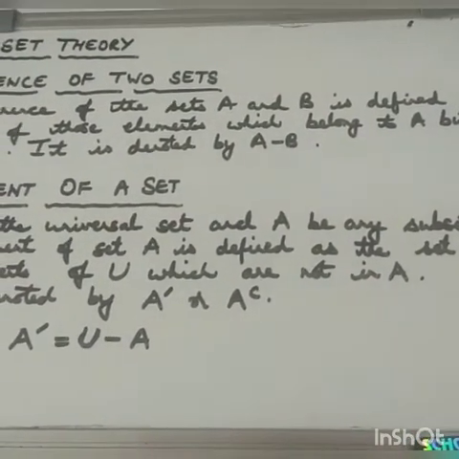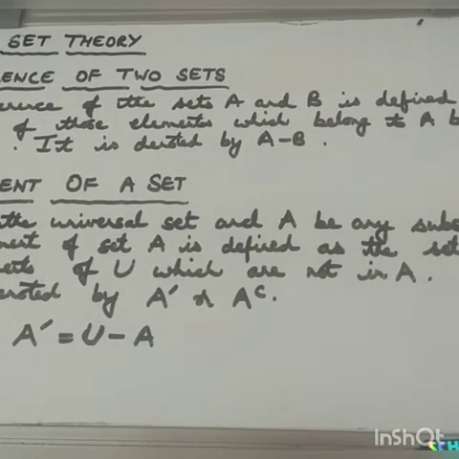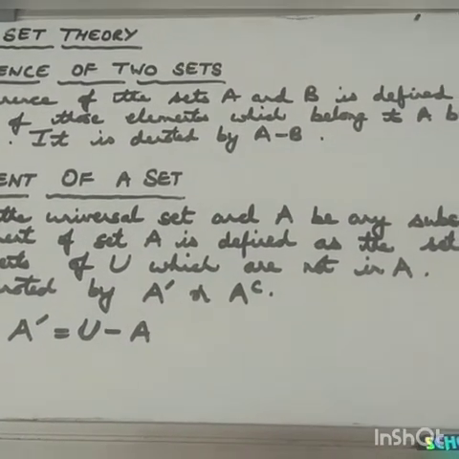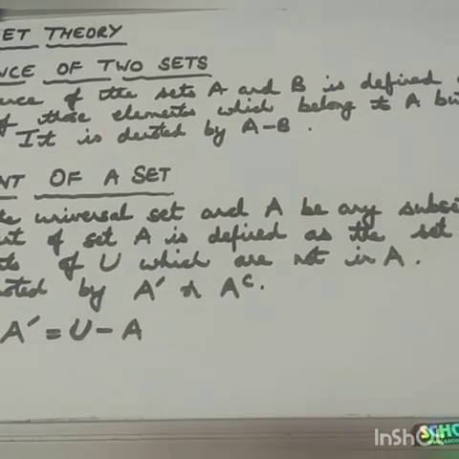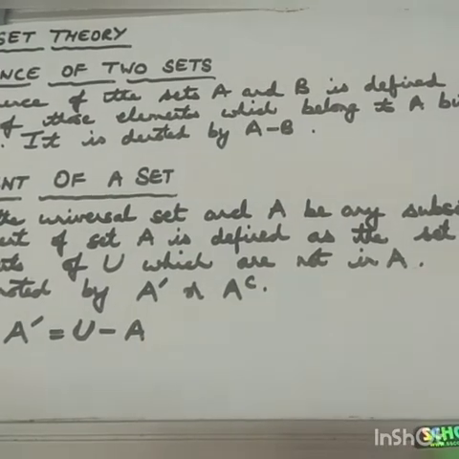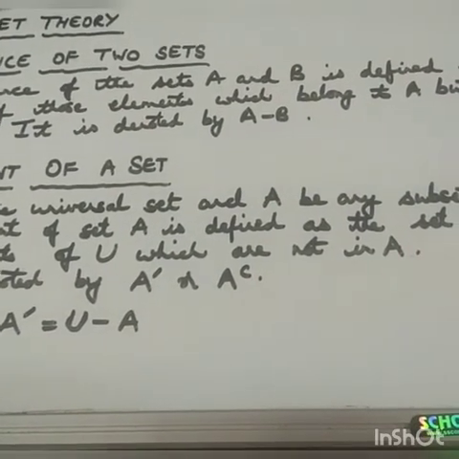Now comes complement of a set. This is another concept. A universal set is the set which contains all other sets. Usually it is said to be the largest set among the sets.